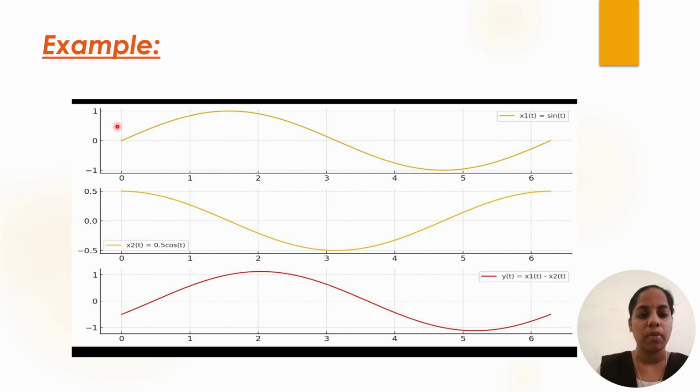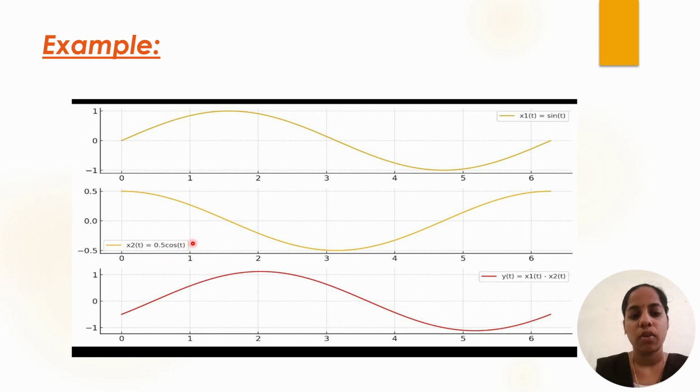Next, an example of subtraction of signals. This is the amplitude of the signal x1 of t, from -1 to 1. This is the time period of the signal, 0 to 6, and we take x1 of t as sine of t.